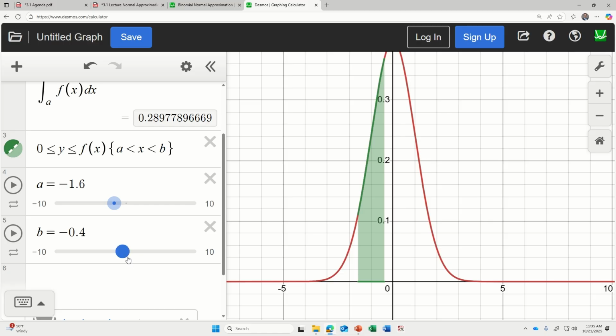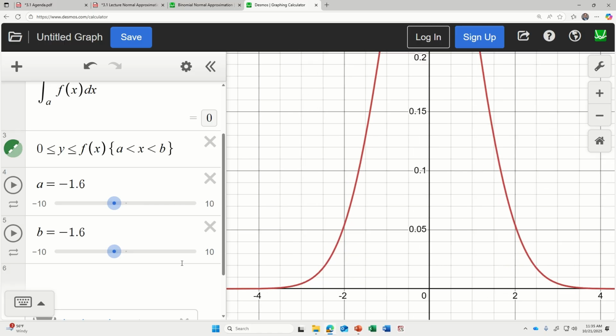But what happens if I want exactly the outcome negative 1.6? Well, then the lower bound would be negative 1.6, the upper bound would be negative 1.6, and there is no area, right? There's a little bit of area if I create an area by changing the lower bound to be different from the upper bound, but we're talking about a range. If I have exactly an outcome that I'm expecting, the area is 0, the probability is 0.